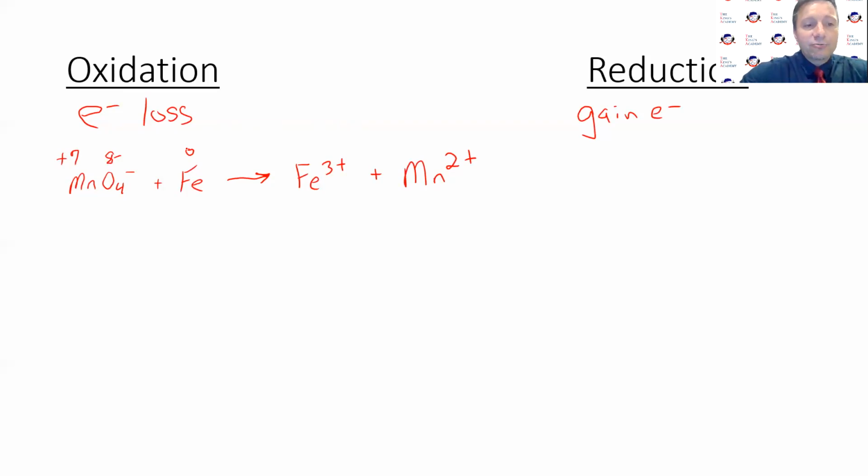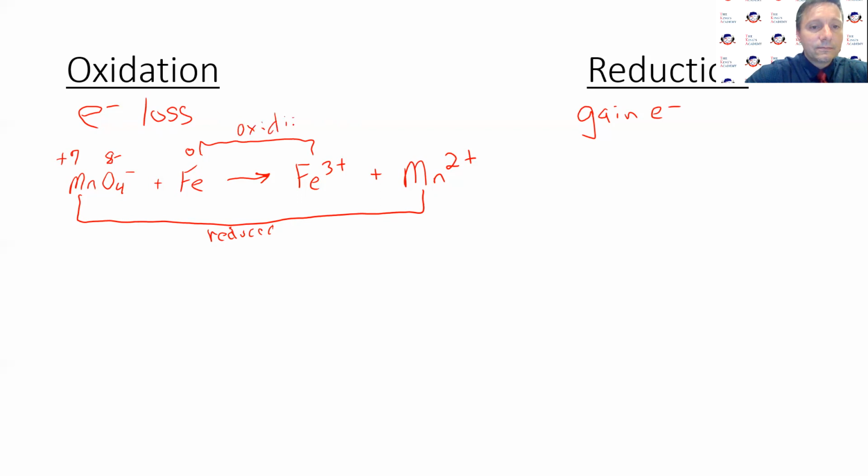So when I look at this right away, I see the manganese charge is reduced. Right here is reduced. And when I look over here and I see my iron to 3 plus, it is oxidized. So now I can write my half reactions for this.